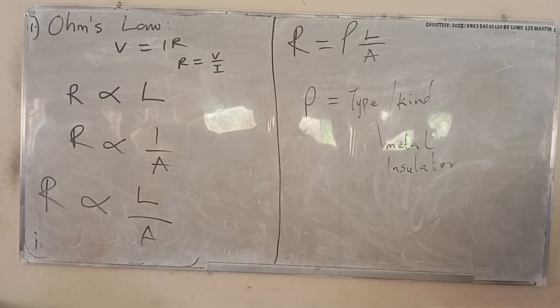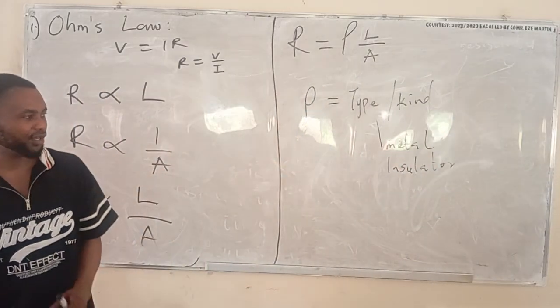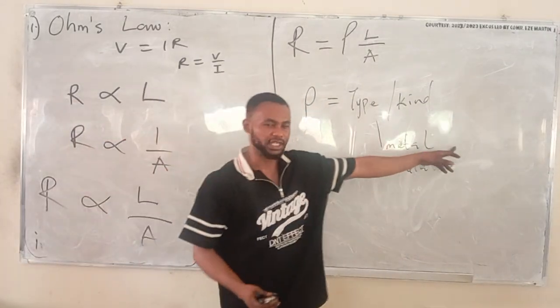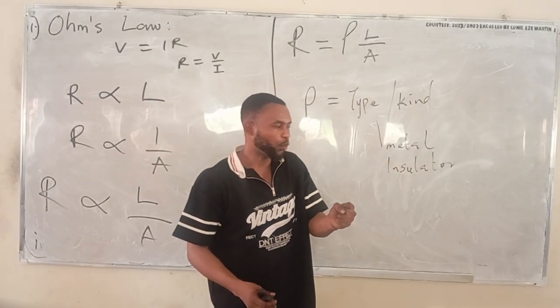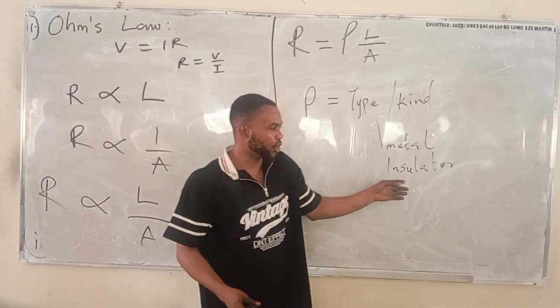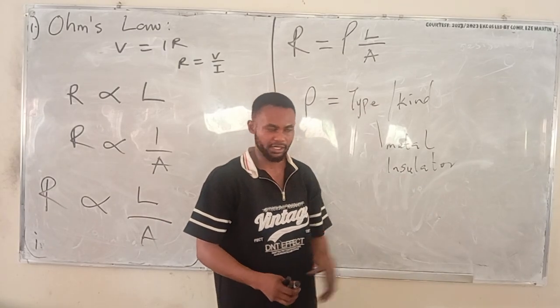Can it conduct electricity easily or does it not conduct electricity? So if I know that something conducts electricity, that means the resistivity is low. While if something does not conduct electricity, that means the resistivity is high.